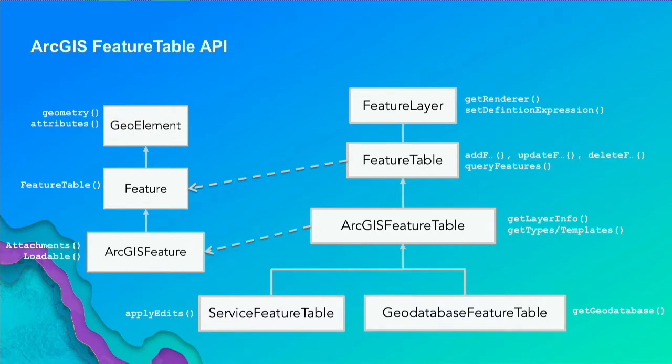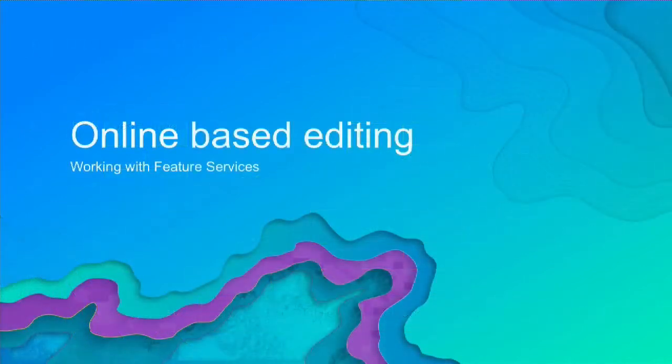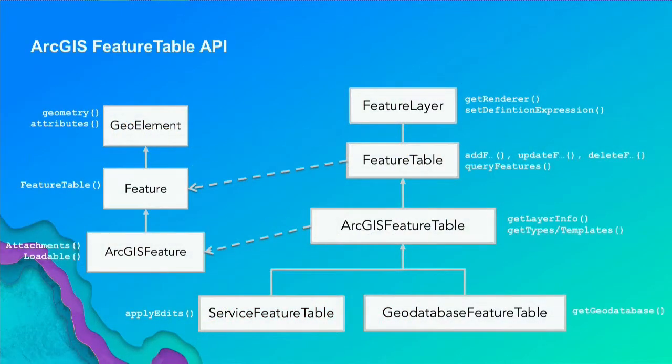So really looking at how you can leverage this and design generic tools. It also means that you can create tools that work both online and offline. Because it is just a feature you're working with, it doesn't matter if it's connected or not, you can have one editing tool regardless of the connection of the app as well.